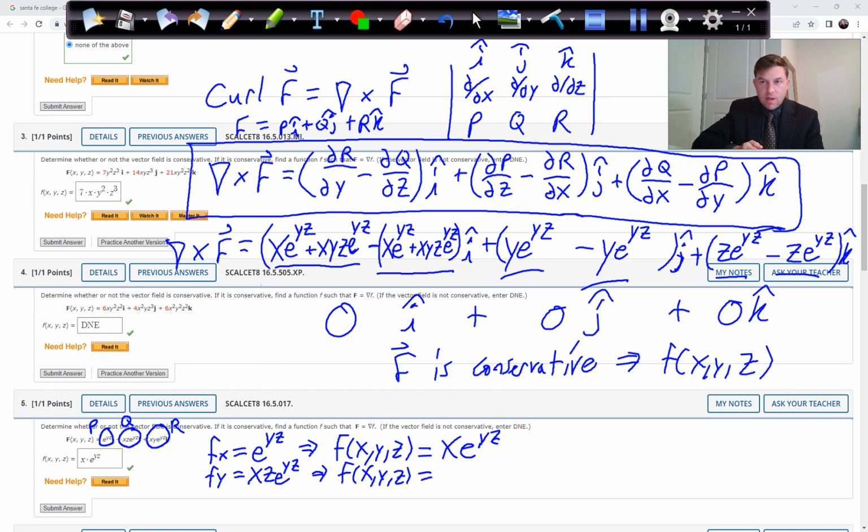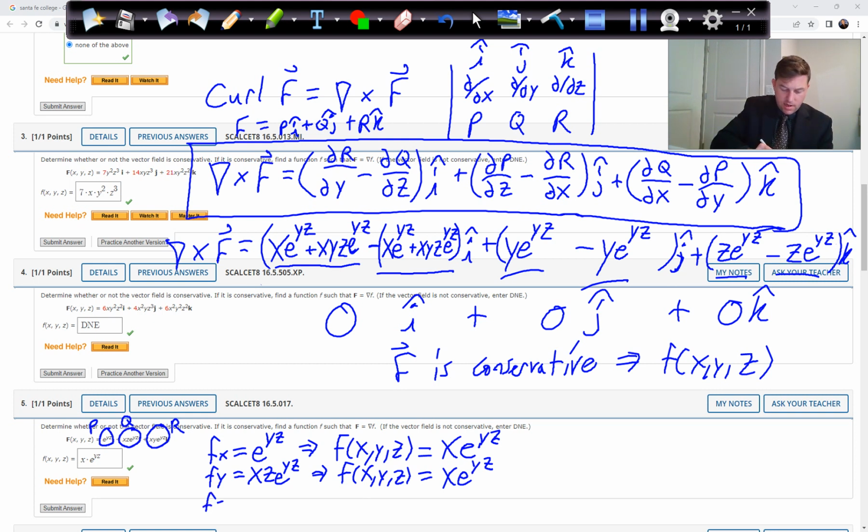So to undo that, we get rid of that z and say this should have been x e to the yz. If you take a derivative of that function with respect to y, you treat x as a constant and z as a constant, so you bring the z down front, and that's how you would get back to what fy is.